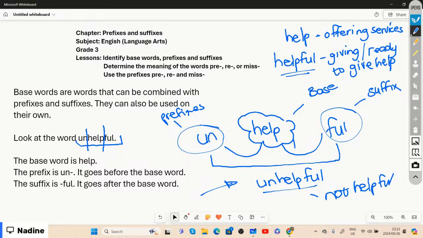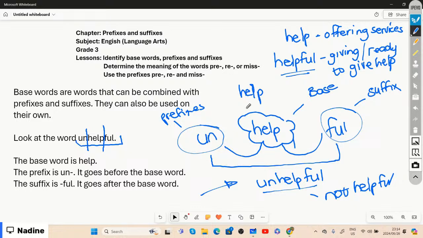So once again, before we continue, we have base words. A base word is a word that can stand on its own. For example, help can stand on its own. Then we have prefixes. Let's say, for example, this is our base word, help.